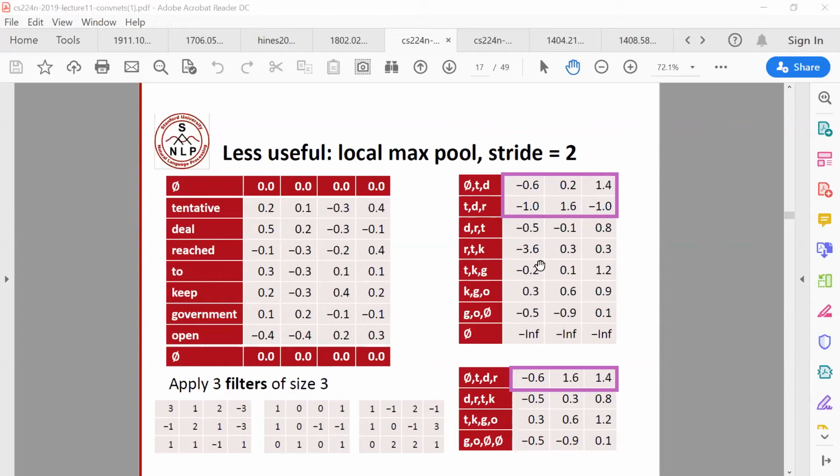TDR, local max pool. I don't know why he says stride 2, because this is from stride 1. Oh wait, 0 TD TDR DRT, keep government open. Stride 2, right? The convolution is stride 1. The max pool happens in stride 2.